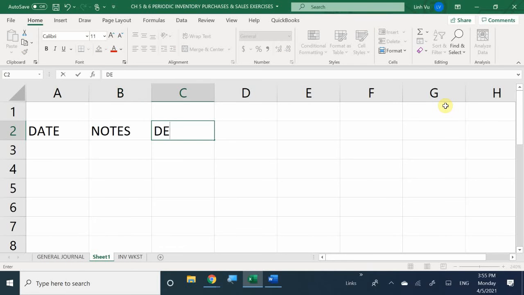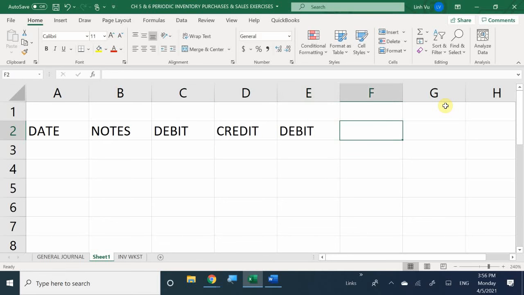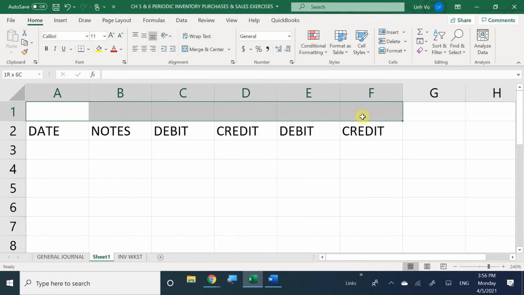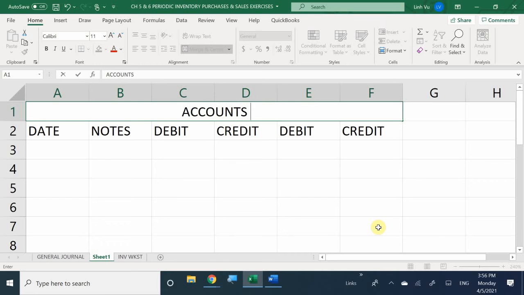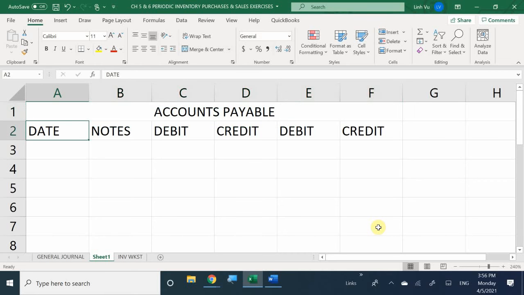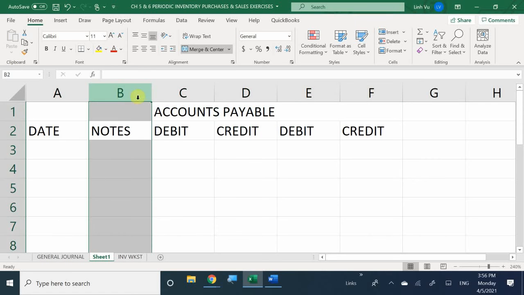Your debit balance and a credit balance with another debit and another credit. This is something we're going to learn when we get to the fictitious business. But I'm going to pretend that this is my accounts payable account. So this is going to be reflecting a ledger.